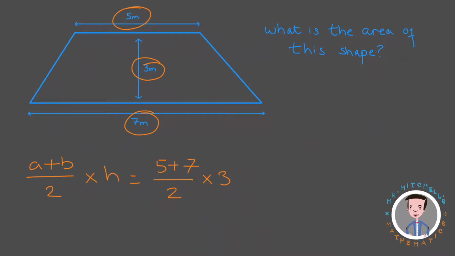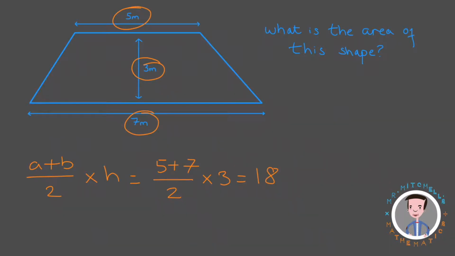Once we put all of the information into the formula, it's simply a case of cancelling it down. With regards to this equation, we have 5 plus 7 is 12, divided by 2 is 6, times 3 is 18. So the final answer is 18.